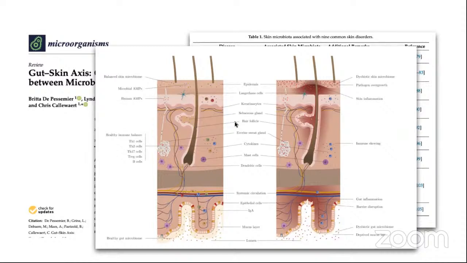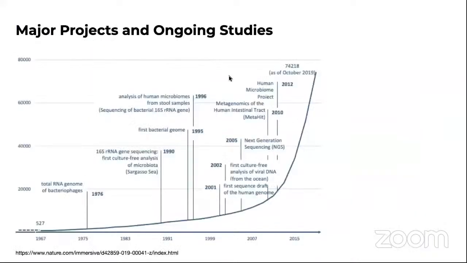And we can see how gut and skin dysbiosis are connected through an immune imbalance. So in this study, you can clearly see not only the role of the skin microbiome, but the relationship between the skin and the gut dysbiosis in their relationship with the host. So it's really a very close and interconnected organ.